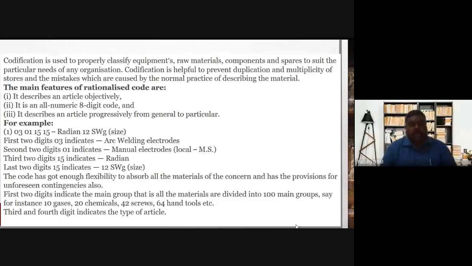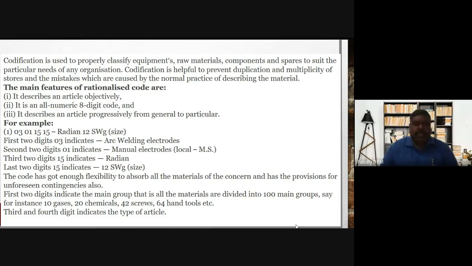The code has enough flexibility to absorb all the materials of the concern and has provision for unforeseen contingencies. The first two digits indicate the main group; all materials are divided into 100 main groups. For instance, 10 is gases, 20 chemicals, 42 screws and 64 hand tools.